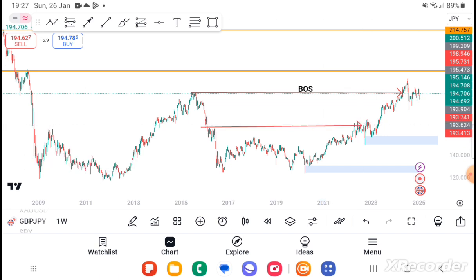So you have price breaking structure all the way to the upside, and then price returned to this area here, and then bought off all the way to the upside.